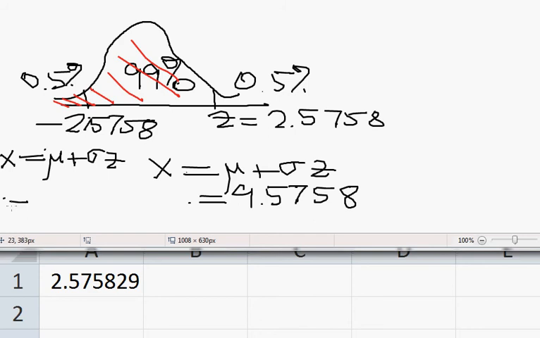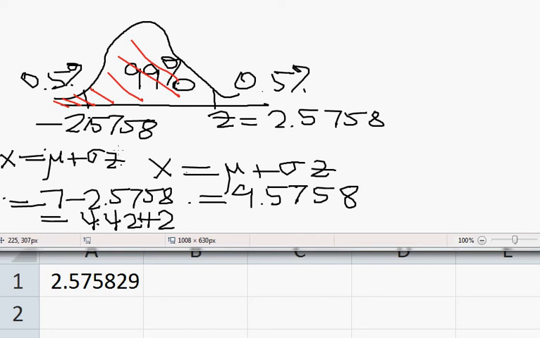So that's equal to 7 minus 2.5758, which subtracting we get 4.4242. So the z values are going to be from negative 2.5758 to plus 2.5758, and the corresponding x values go from 4.42 inches to 9.58 inches.